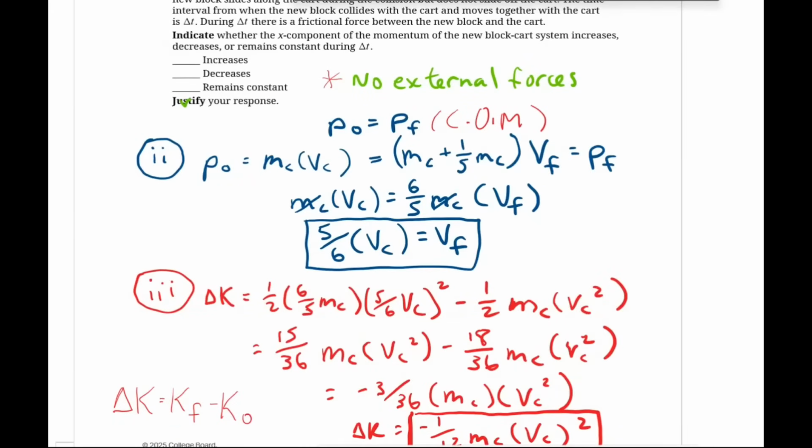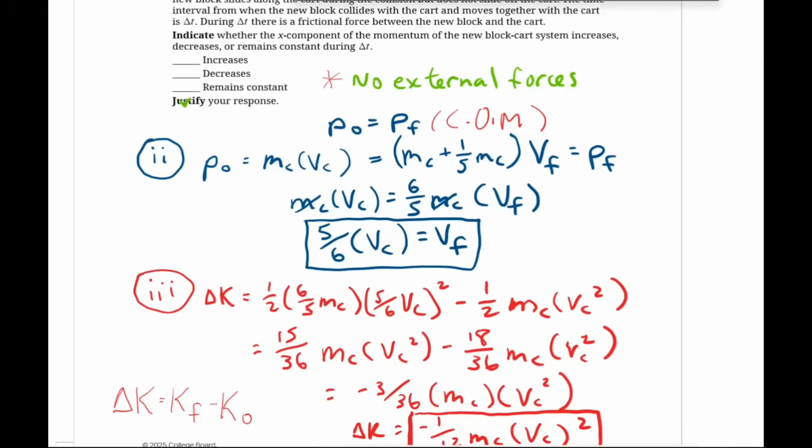I have P naught equal to Pf, saying that the total initial momentum is equal to the total momentum at the final conditions, and I put COM for conservation of momentum. As we said, the momentum is conserved with no external forces. So our initial momentum, MC times VC, equals our final momentum.